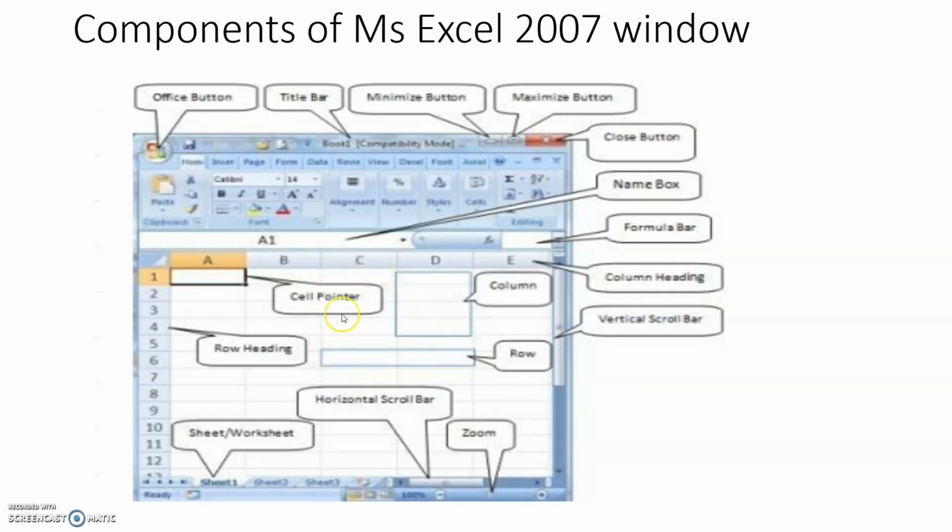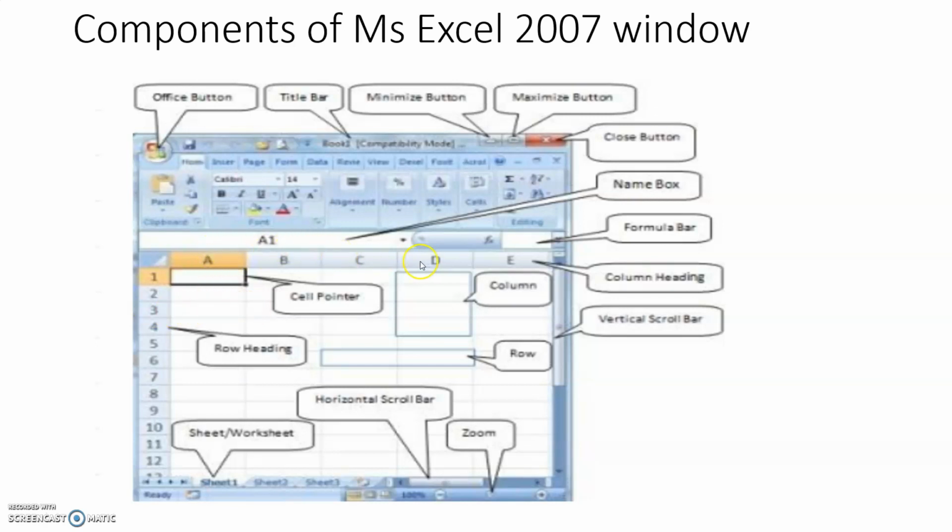The center part name is Worksheet. Worksheets are also called spreadsheets. Worksheet consists of rows and columns. The vertical division name is column. Horizontal division name is row.